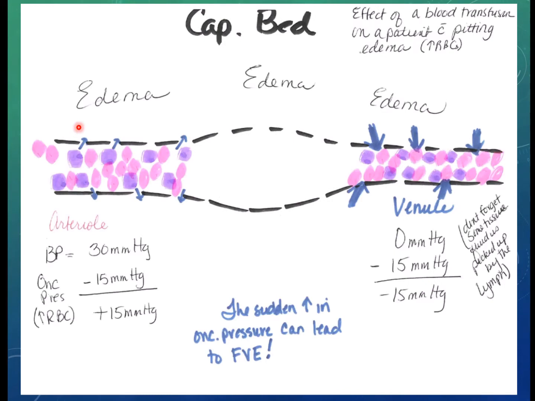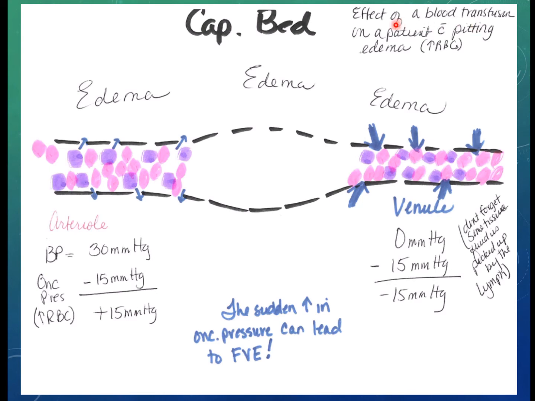Okay, in this final scenario that I'm trying to explain with this capillary bed, this is a situation where we have a patient who's got some pretty significant edema. So out here in the interstitial spaces between all of those cells, this person's got edema and they've got some serious pitting edema, okay? In this situation, we've given them now a blood transfusion.